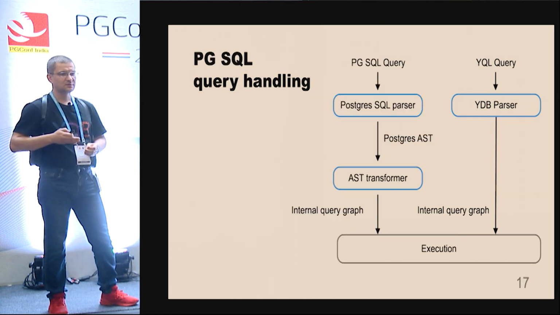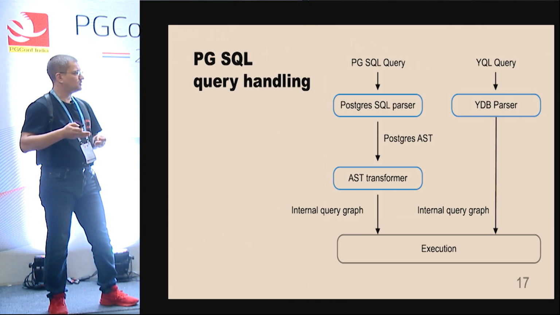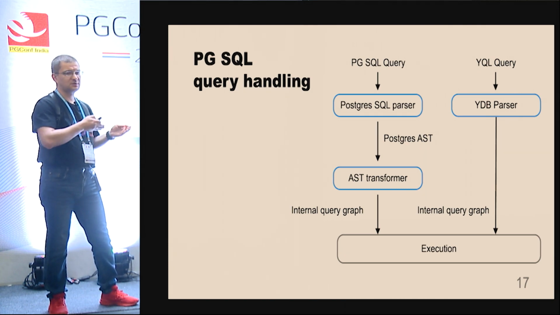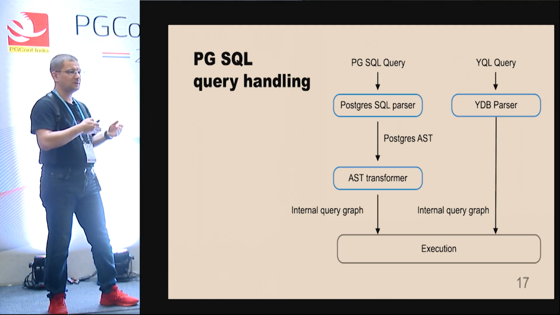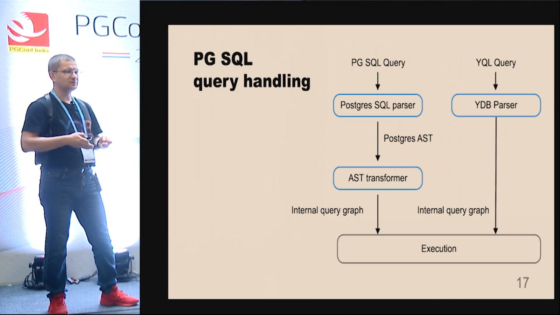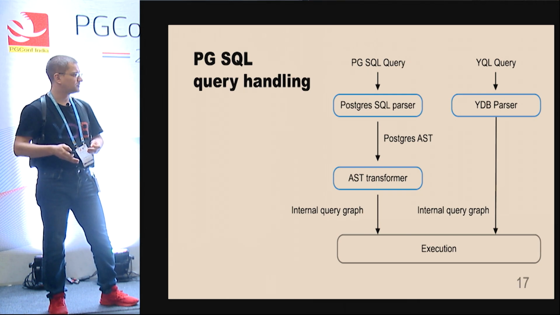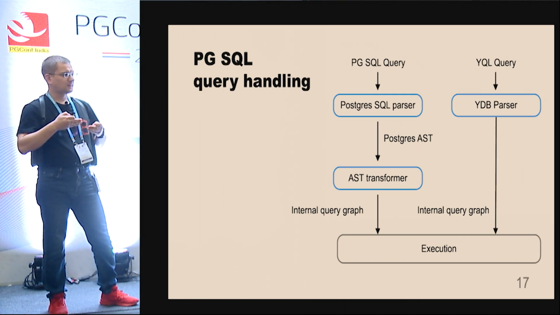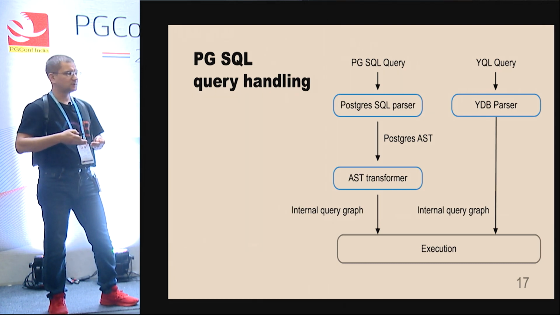For a Postgres query, we do something similar. We call the native Postgres parser, get the Postgres AST, then we convert the Postgres AST to the same internal query graph as a native query. And the next steps are similar for a Postgres query and a YDB native query because it is the same query graph.